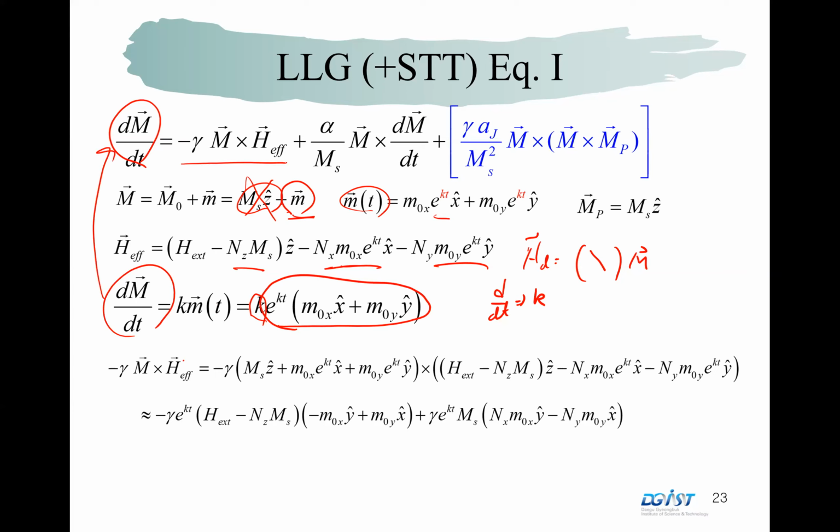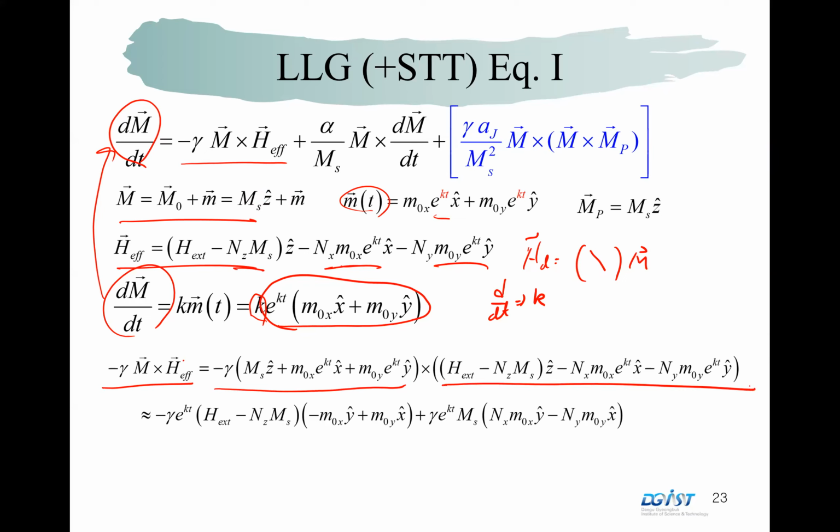And let's think about this precessional term. For this precessional term, we substitute m and h here. It looks very long, and there are many components. We have gxy in both sides, but we have a cross product. So it looks complicated, but you can do it step by step.